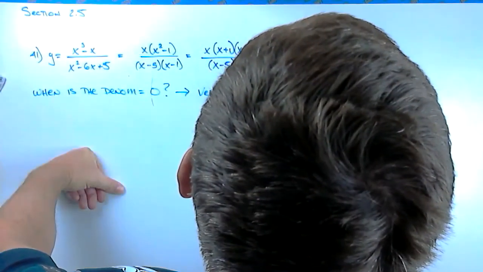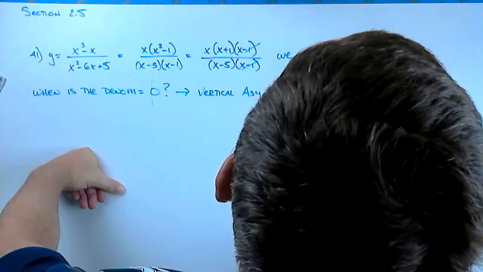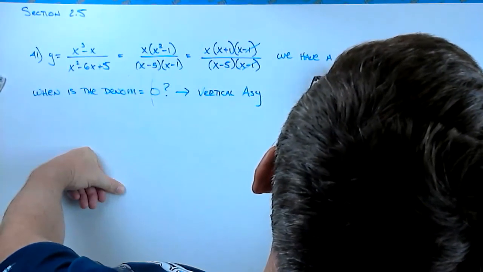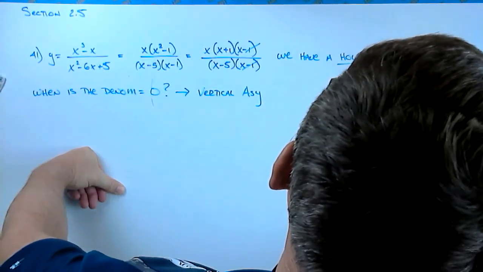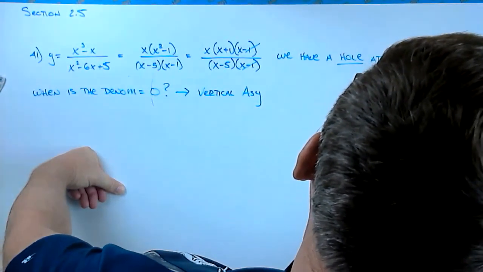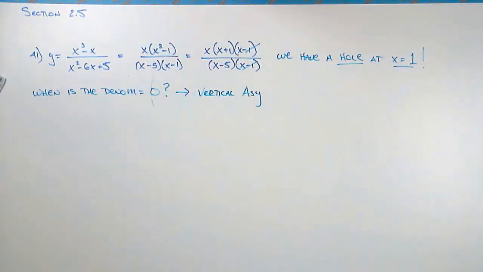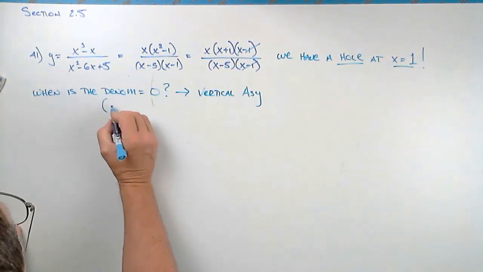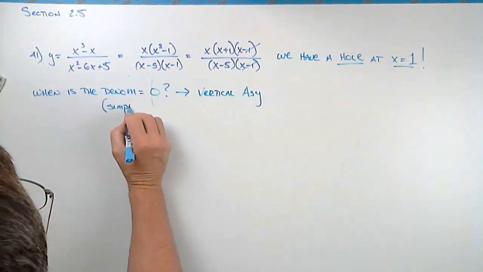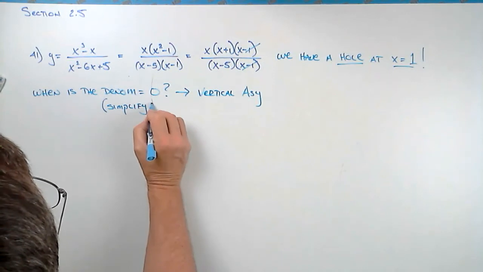We have a hole at x equals positive 1. We don't have a vertical asymptote there. It's the simplified version of your rational function that you utilize to find your vertical asymptotes. So in your denominator, you always have to simplify first.